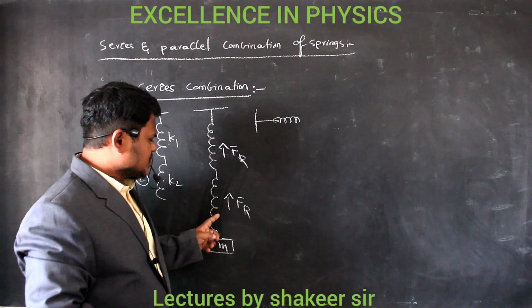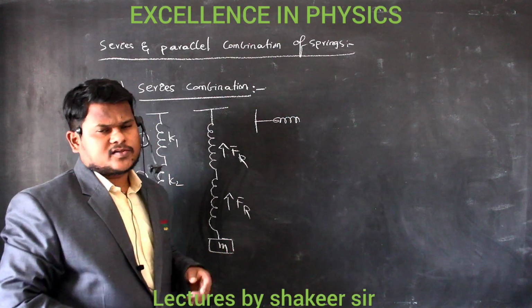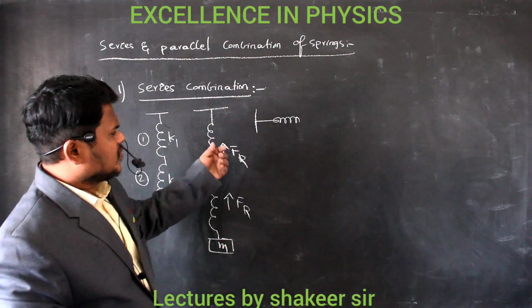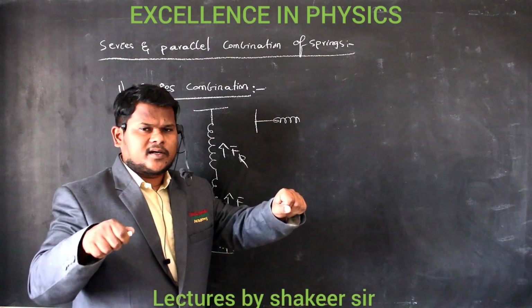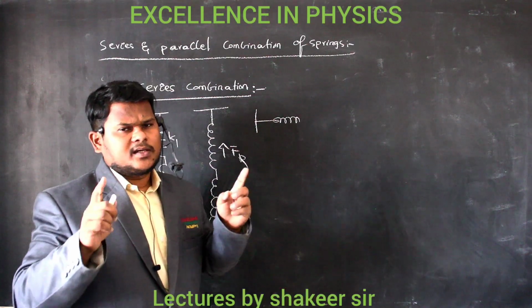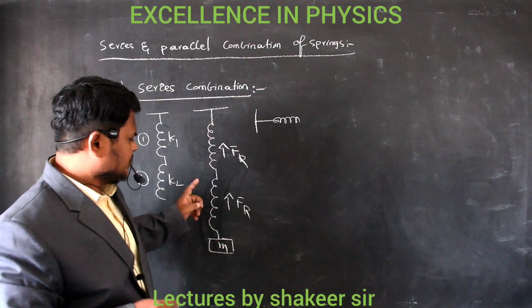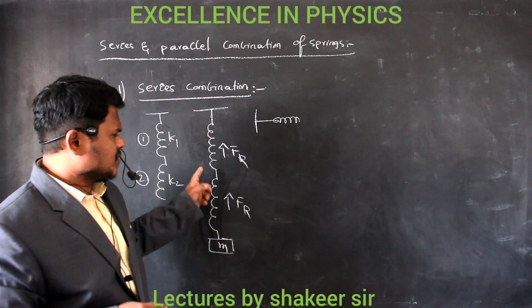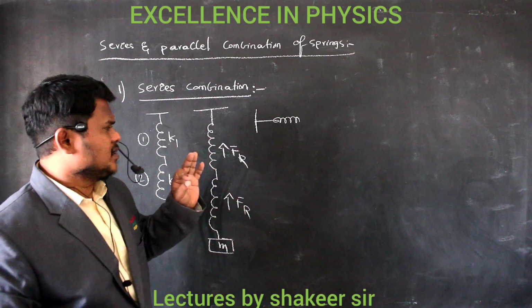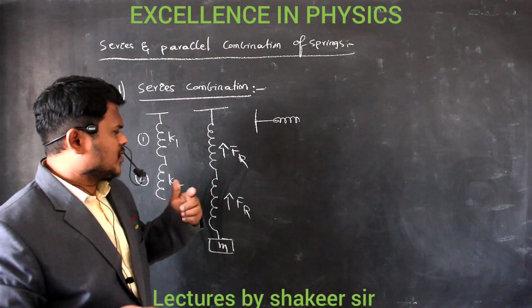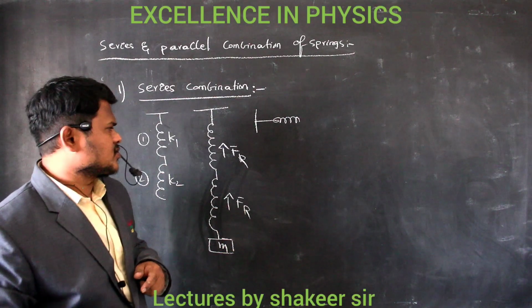So in both the springs, the same amount of restoring force will be developed. That is what we have understood now. If I want to elongate any spring, I should apply equal forces on both sides. So the restoring force produced in both these springs will be equal. This is the important point of springs in series combination.